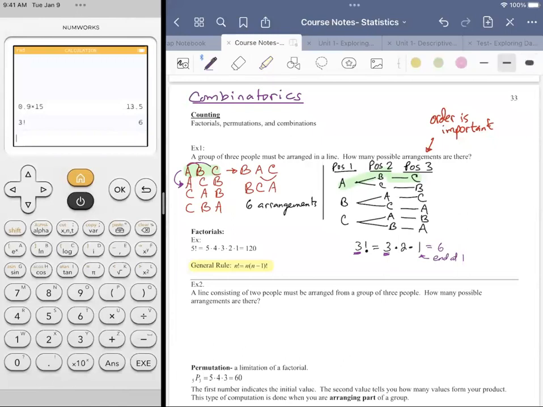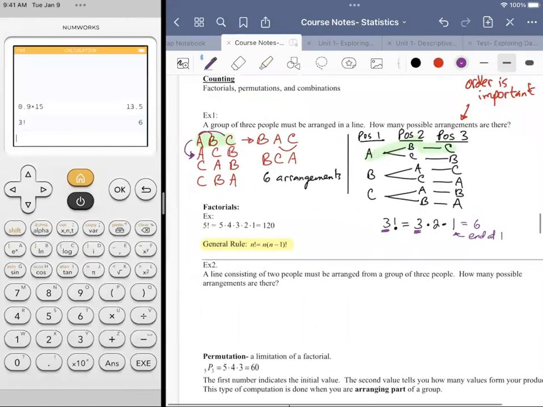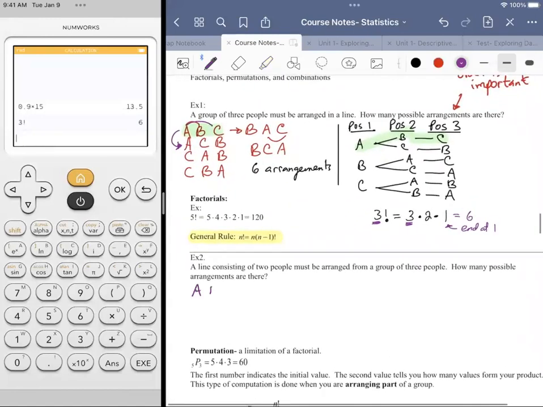So I still have my people, my A, B, and C, but I only want them in groups of 2. All right. So 2-person arrangements. So A, B, that would be one possibility.